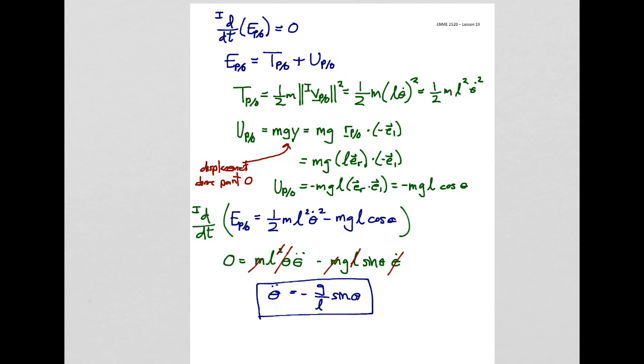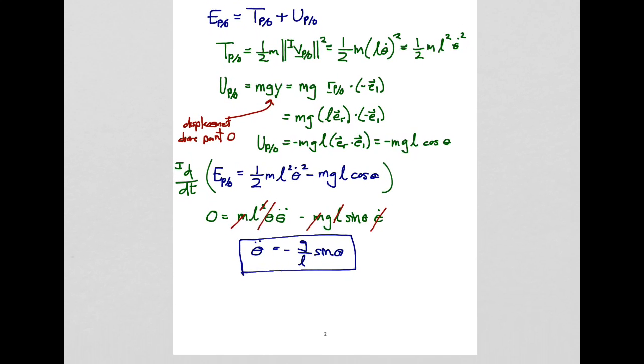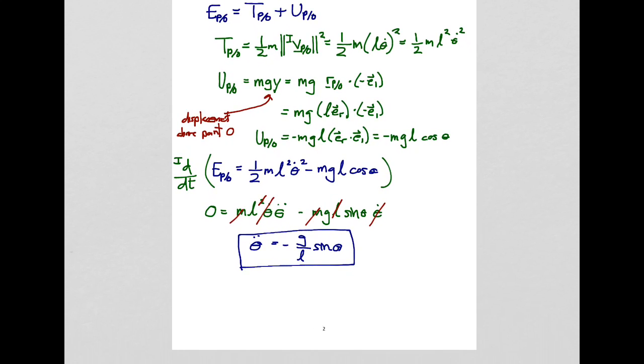We had to prove that energy is conserved. And if we've got a system where energy is conserved, simply calculate the kinetic energy, which is 1/2 mv squared. And if you've got an expression for your velocity, that's pretty easy to do. And then the potential energy, which ends up being a really easy expression, minus mgL cosine theta. We take the time derivative of the total energy and then solve for our second order differential equation.